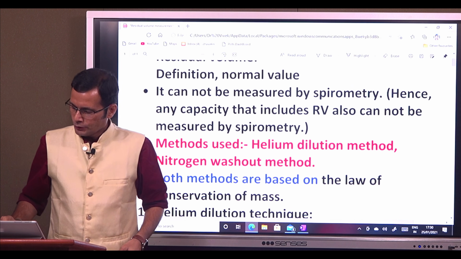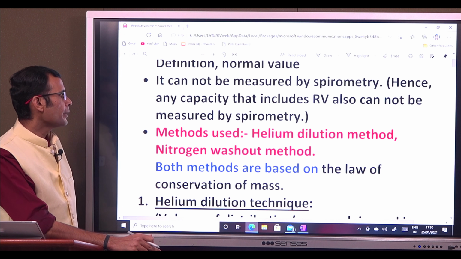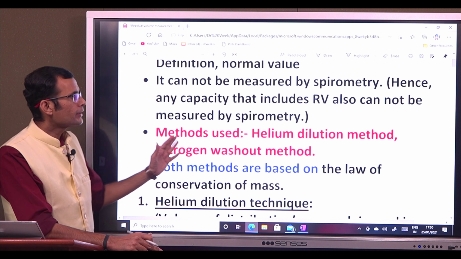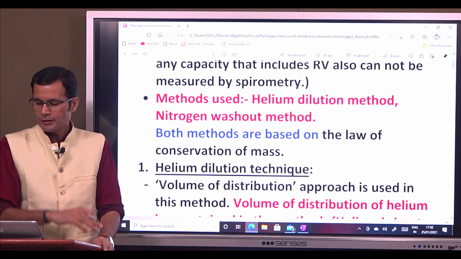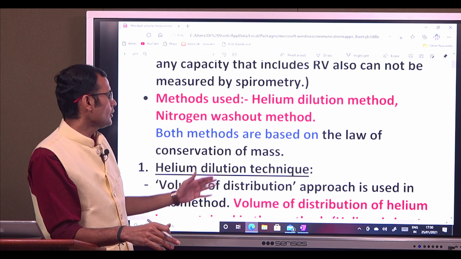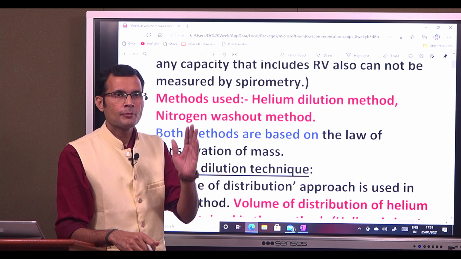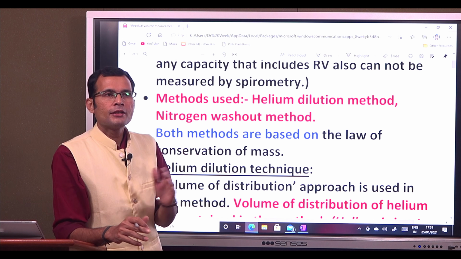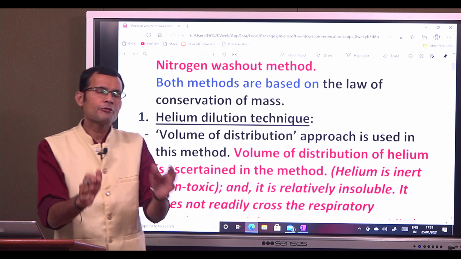Right. So as I mentioned, residual volume cannot be measured by spirometry, and therefore the methods used are helium dilution and nitrogen washout. Now, first thing, both these methods are based on the law of conservation of mass. Please note this. There are a few differences.